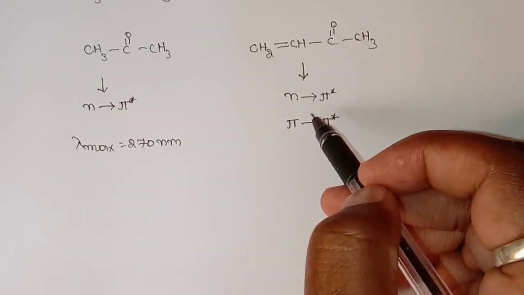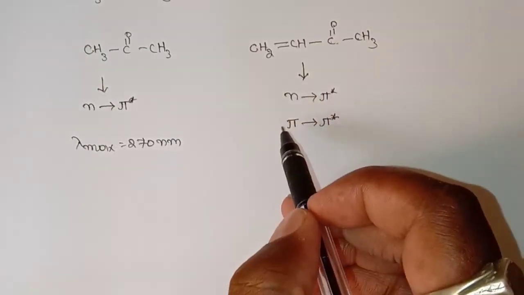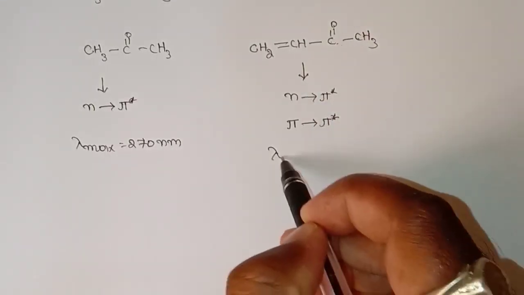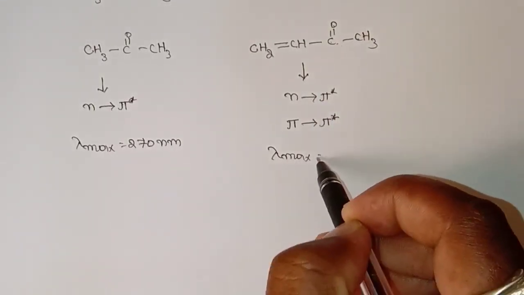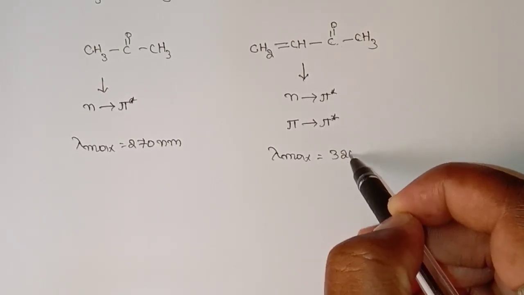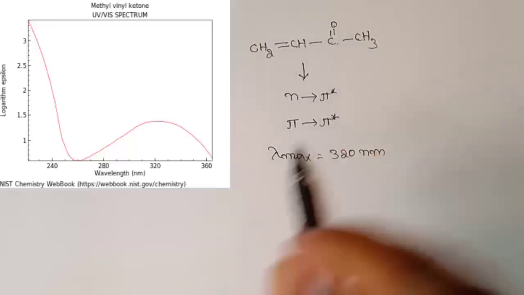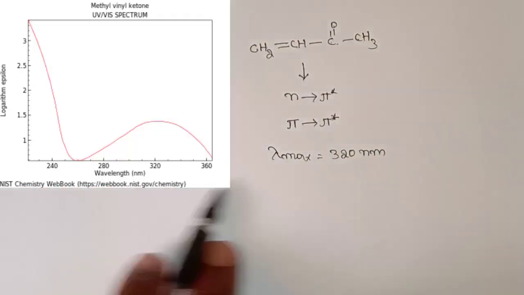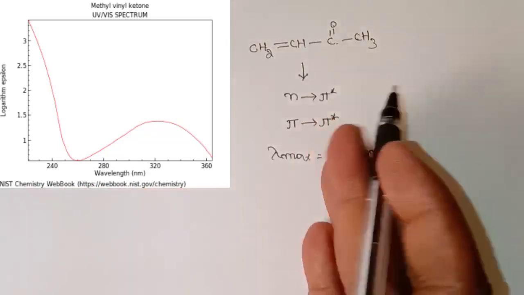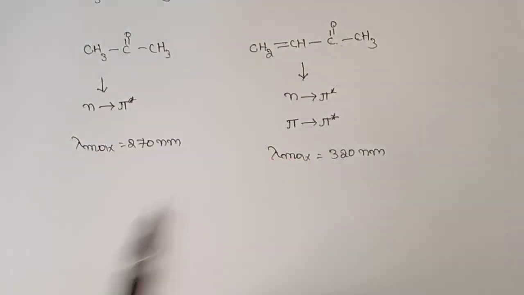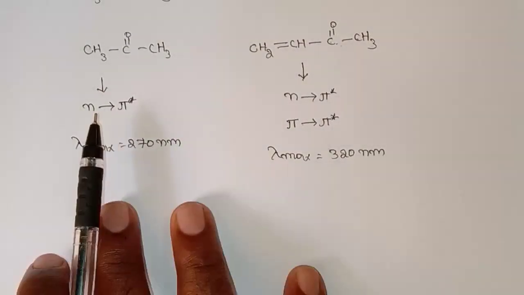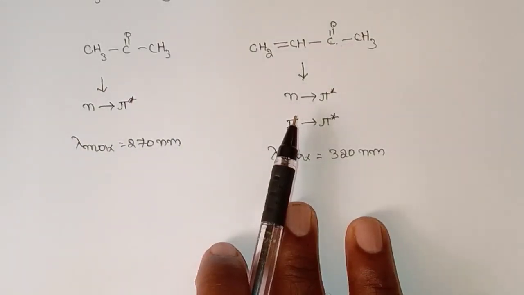Because of both these transitions, the lambda max value of methyl vinyl ketone is observed at 320 nanometers. So we can observe the bathochromic shift between these two molecules. This is how the spectra of acetone and methyl vinyl ketone can be expressed.